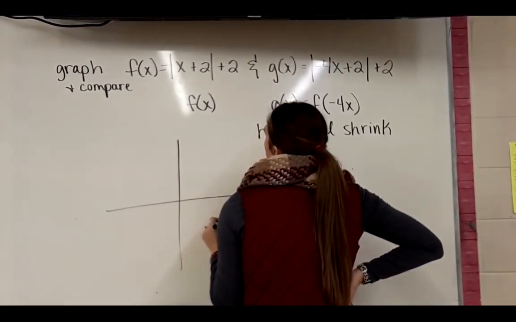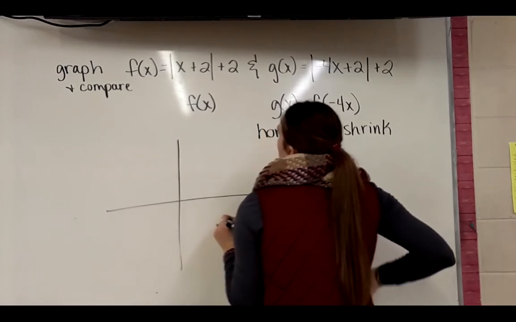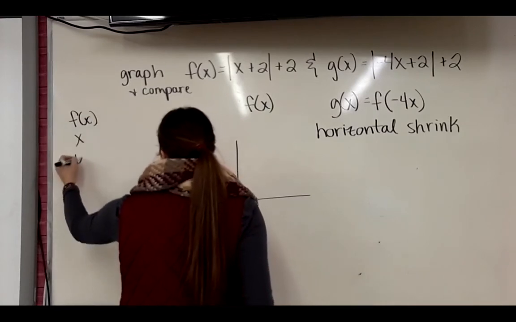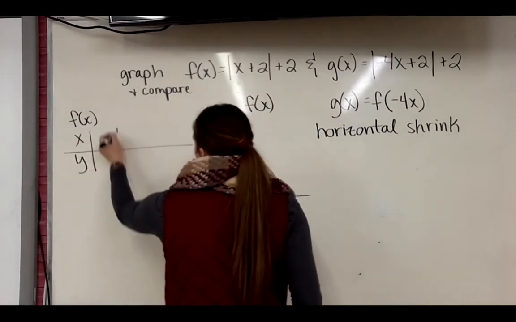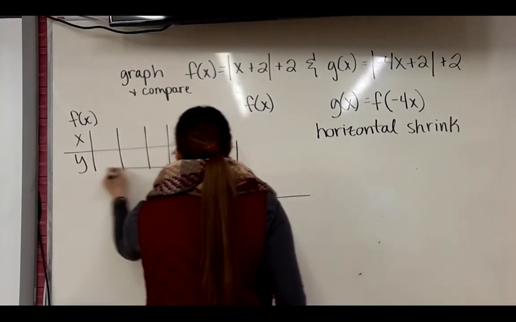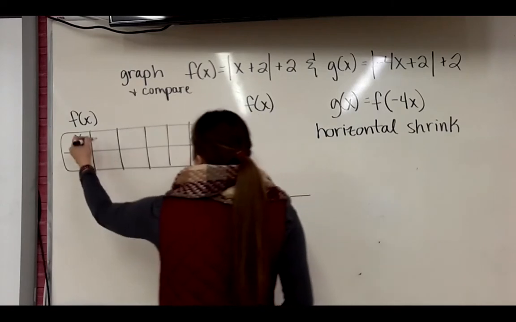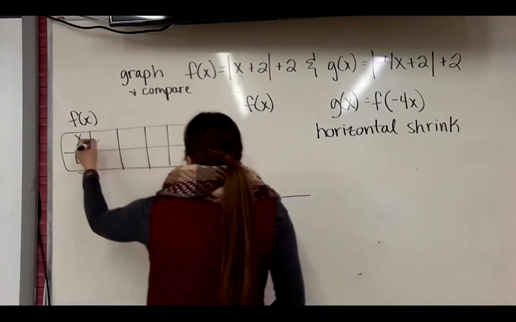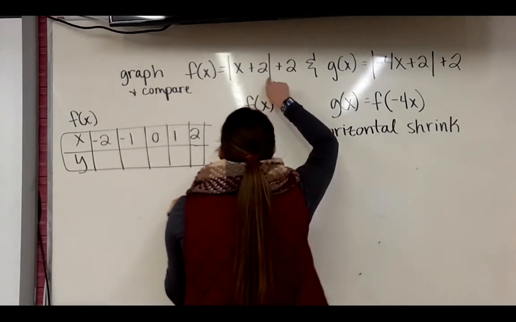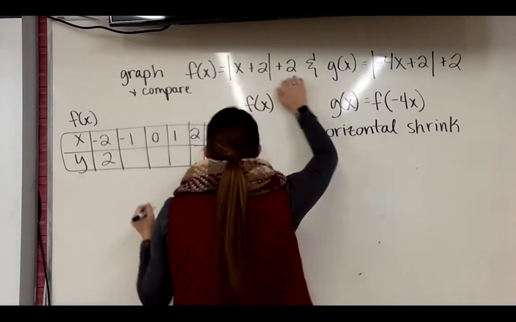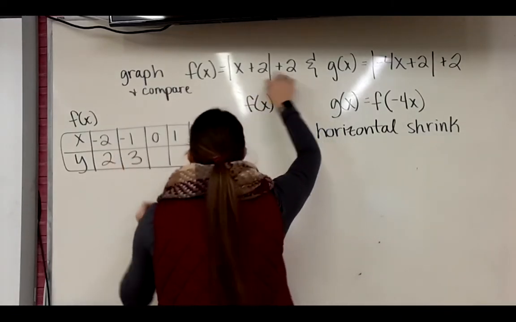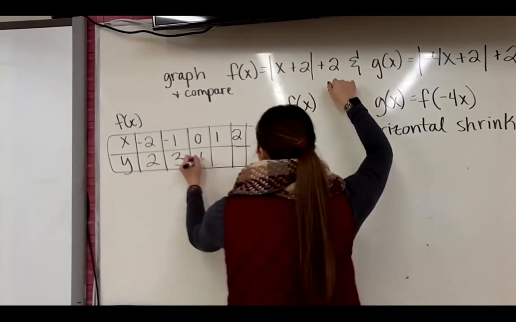So I have f of x equals the absolute value of x plus 2, plus 2. Let's make a table for f of x. -2 plus 2 is 0, plus 2 is 2. -1 plus 2 is 1, plus 2 is 3. 0 plus 2 is 2, plus 2 is 4.